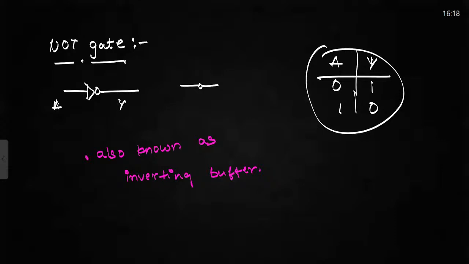Now we will go into XOR and XNOR. Now we will go into arithmetic gates.